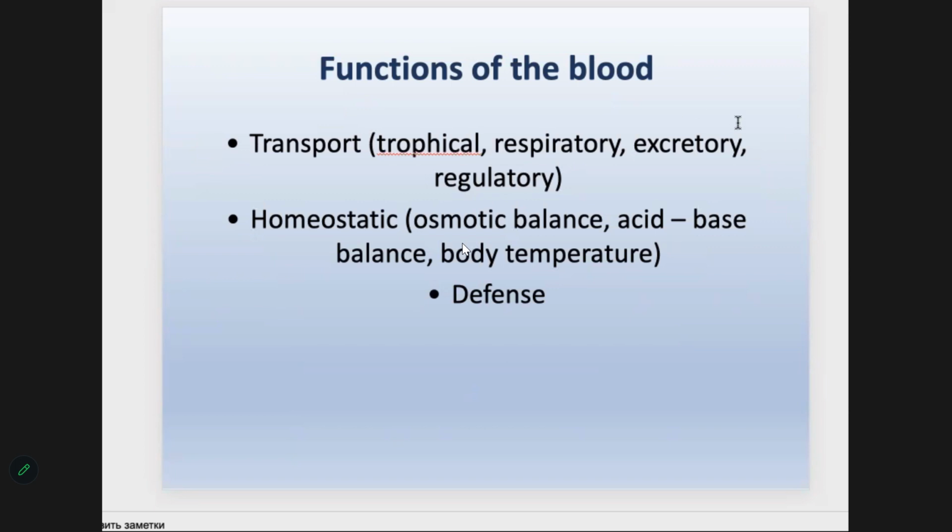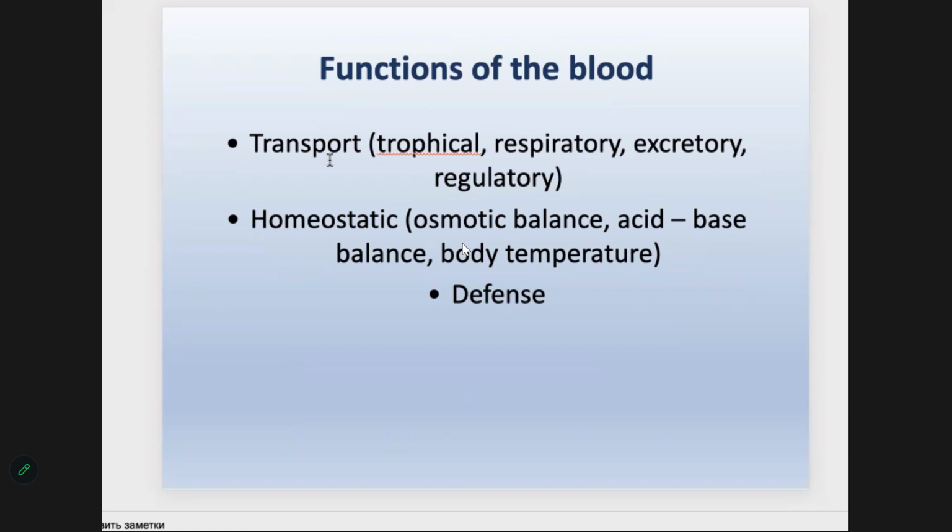And the last part of this large function: formed elements of the blood transport metabolic products out of our organism, and this is named the excretory function. So the first large function of the blood is the transport of different substances.